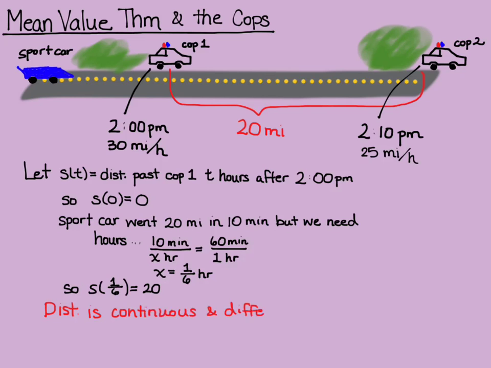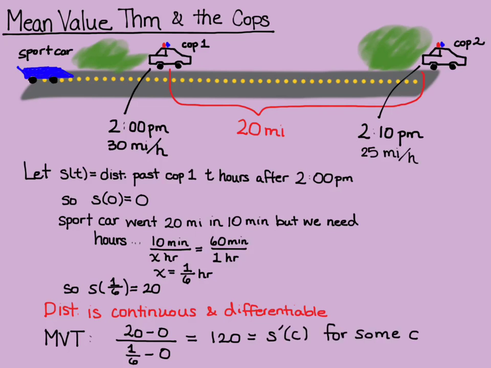The distance is continuous and differentiable, because the car didn't pop in and out of existence. So, by the mean value theorem, we get the change in S over the change in time equals 120. And we know that at some moment, at some time c, in between 0 and 1/6, S prime of c should equal 120.